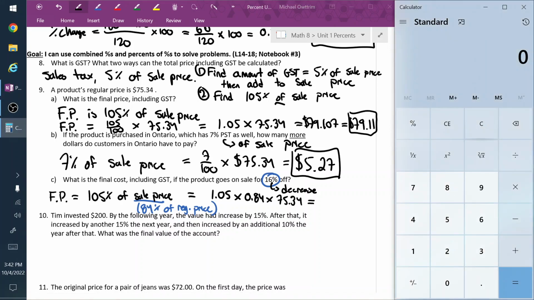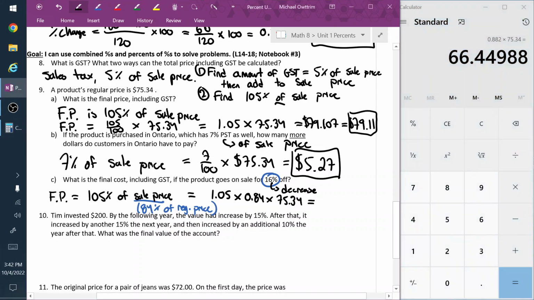And I'm going to do those calculations on my calculator. 1.05 times 0.84 times 75.34. Should get a final price of 66.45 after rounding.